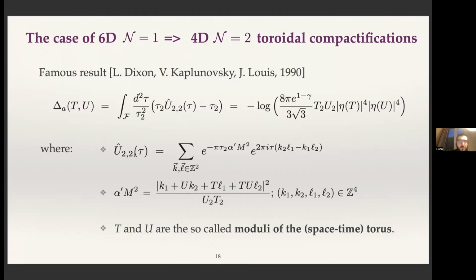But we see that for massless states, which come when these k are all equal to 0, this U22 is actually a constant. And again, thanks to this subtraction here, which is the contribution of the massless states, they made the integral finite, they computed it, and captured all the dependence of the threshold on the space-time moduli, so the moduli of the space-time torus.